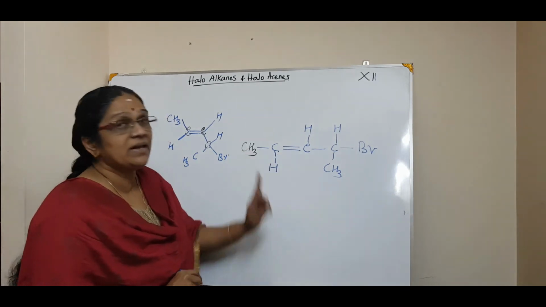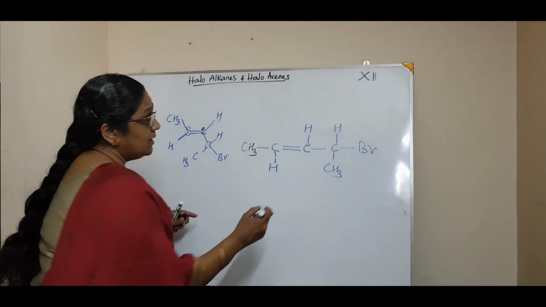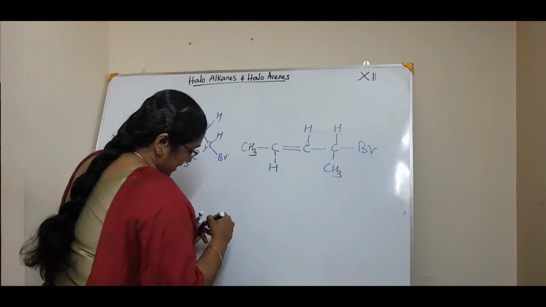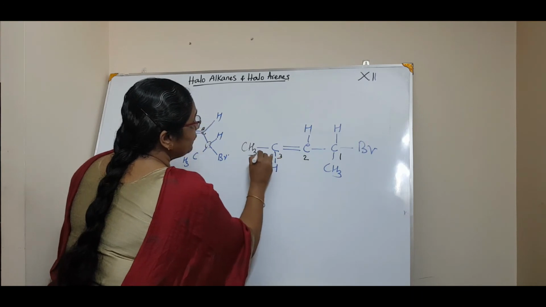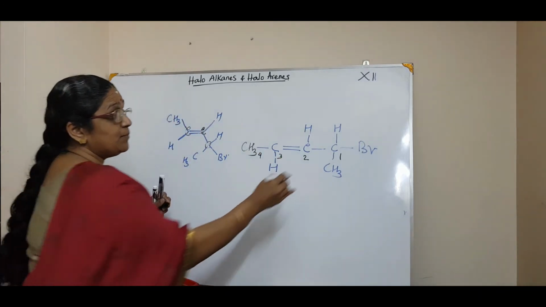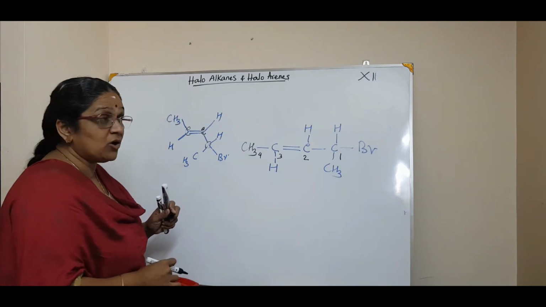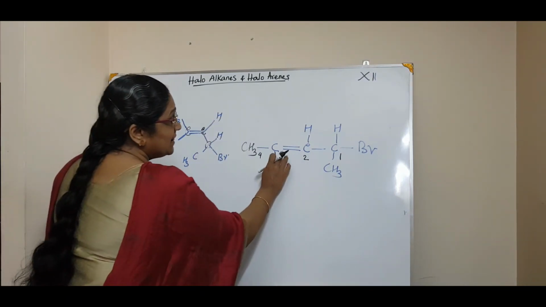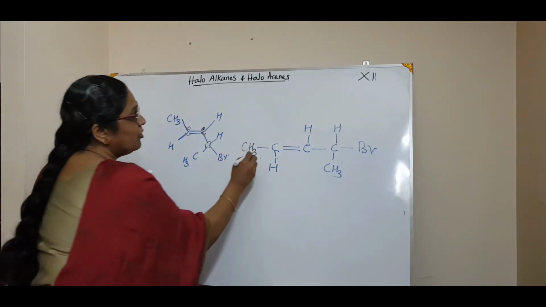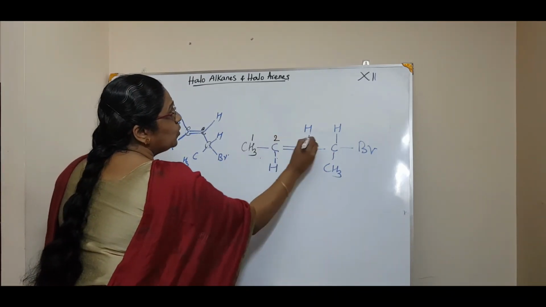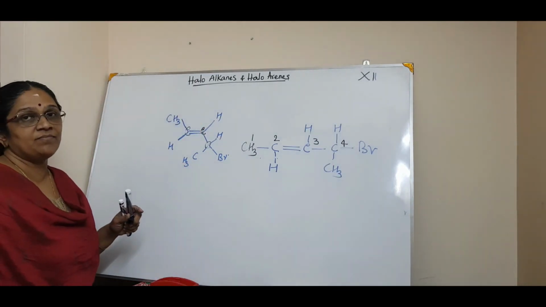Can you number like this, 1, 2, 3, 4, and say that bromine, being a halogen, will get the lowest number? No. Because as the priority list says, the double bond should get the least number. So it will be 1, 2, 3 and 4.